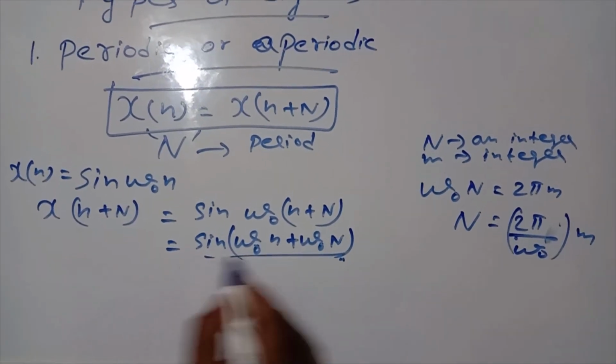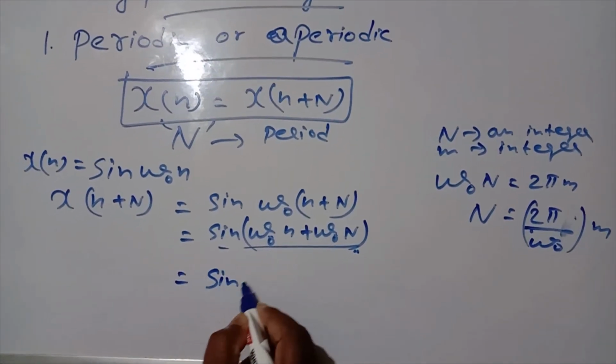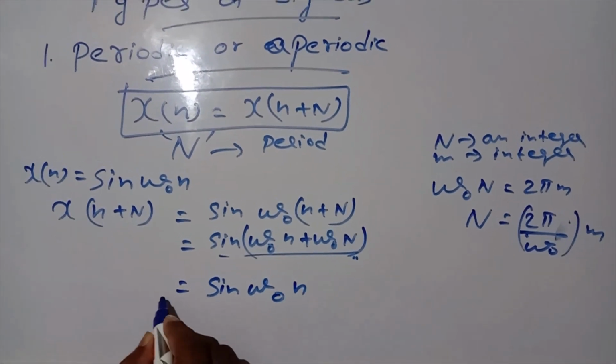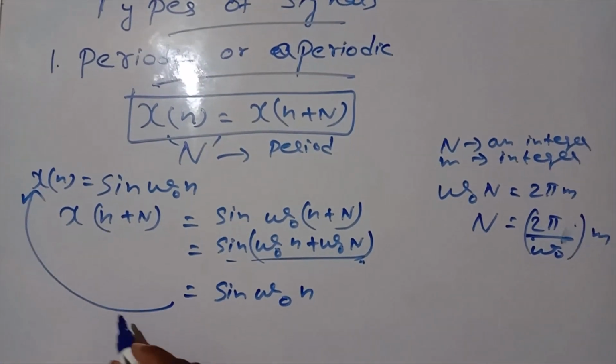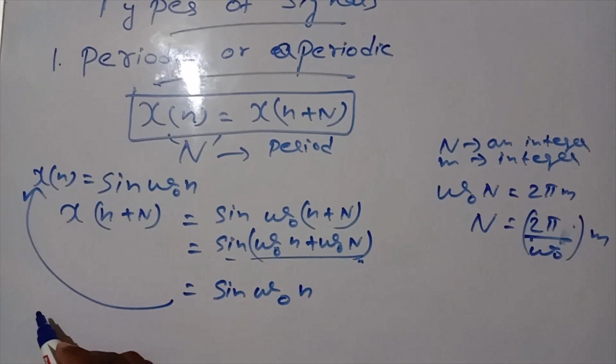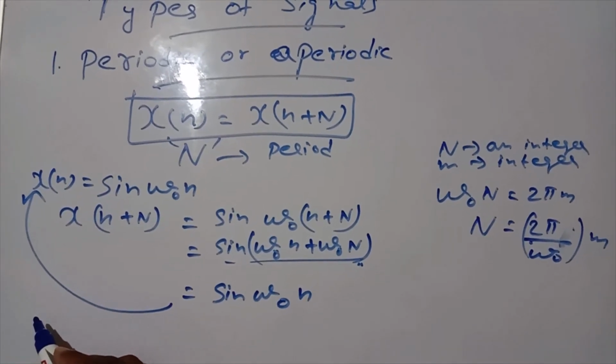For this condition, the signal becomes sine omega 0 n, the same as the initial signal x of n. So we can say the signal is periodic.